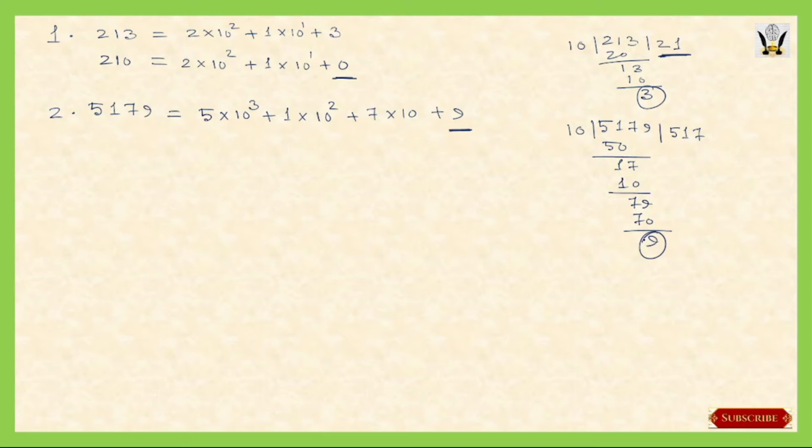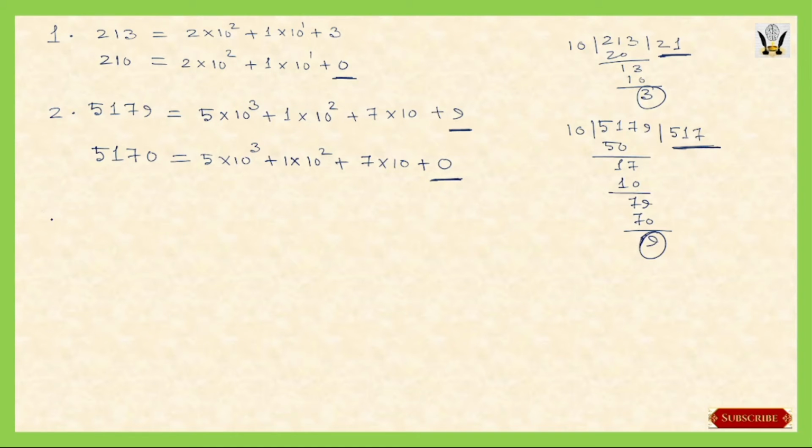We have remainder 9 and quotient 517. This remainder 9 matches the digit at the units place. If at the units place we had 0 in place of 9, the number would have been 5170, and we could have easily divided it by 10. So this is the condition of divisibility of any number by 10.